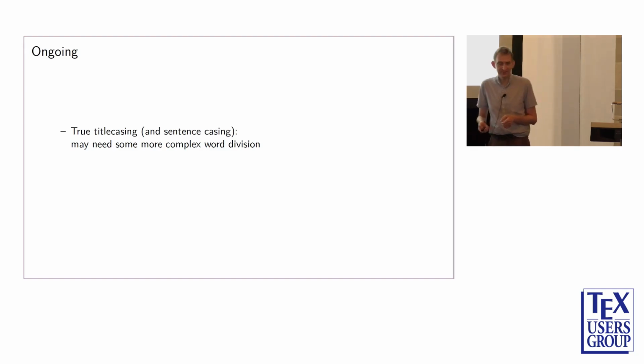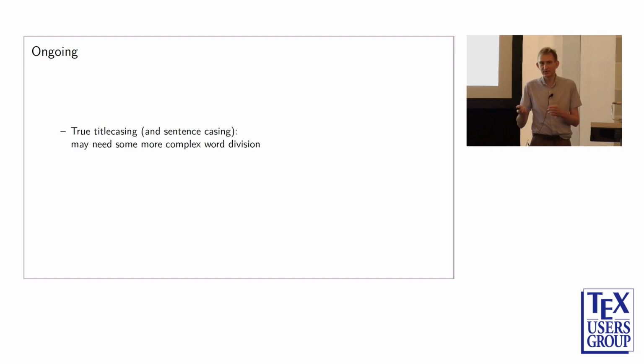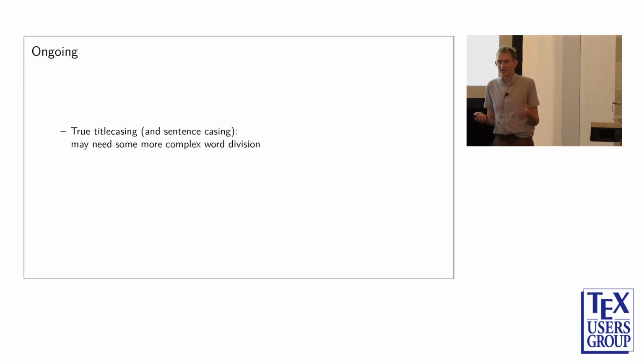Okay, so yes, ongoing questions. We implemented title casing, but exactly what that means is being debated backward and forward, still a very live discussion with people on the GitHub issue about whether it should be called title casing. Günther Milder pointed out that the implementation I first came up with title cases the first letter.